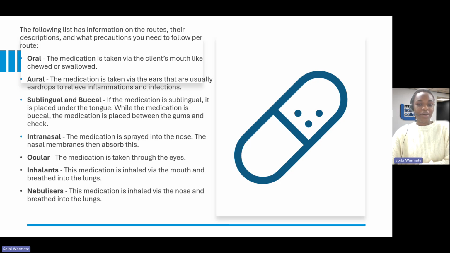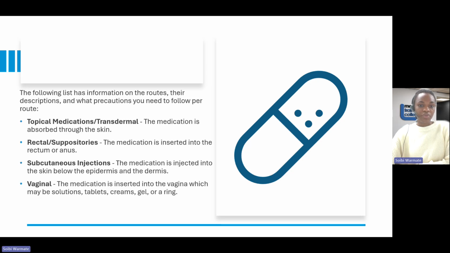The ocular is administered through the eyes. Inhalant is medication that's given through the mouth and breathed into the lungs. And nebulizer is through the nose and breathed through the lungs. We also have the topical medication or transdermal, which is absorbed through the skin.